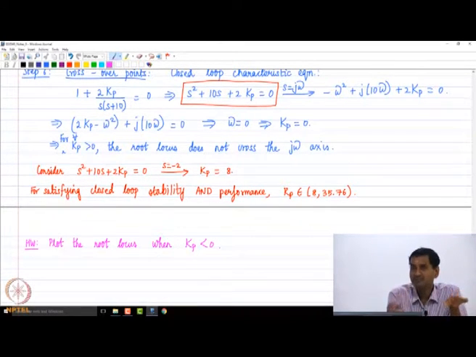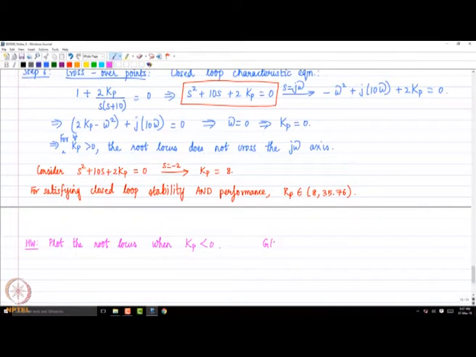If you give me a transfer function like this and ask me to plot the root locus for Kp going from minus infinity to plus infinity, what was the open loop transfer function? It was 2 Kp divided by s times (s plus 10). Now you ask me to plot the root locus for all real values of Kp, so I need to go from minus infinity to plus infinity.